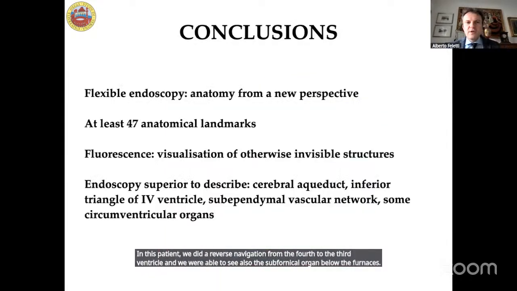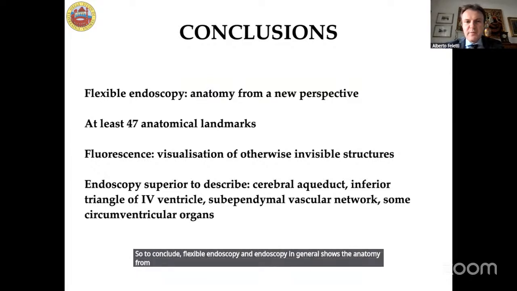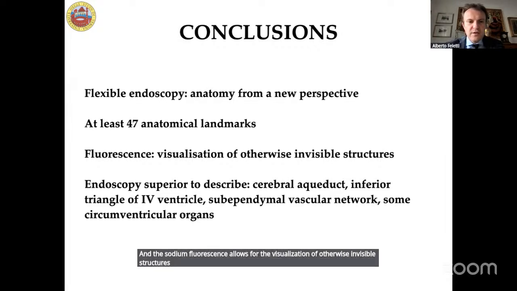So to conclude, flexible endoscopy and endoscopy in general shows the anatomy from a different perspective compared to microsurgery. We were able to count at least 47 anatomical landmarks during our navigations. And sodium fluorescence allows for the visualization of otherwise invisible structures like the circumventricular organs.